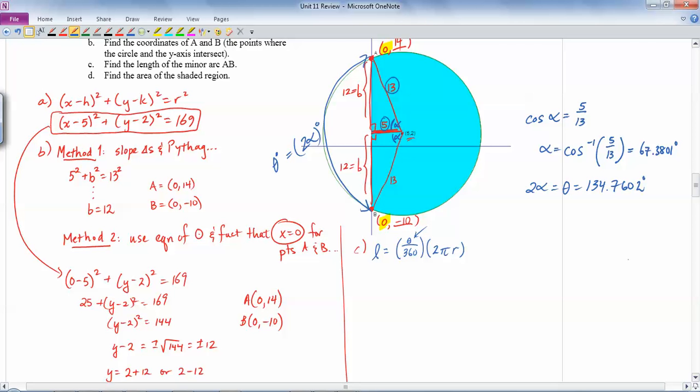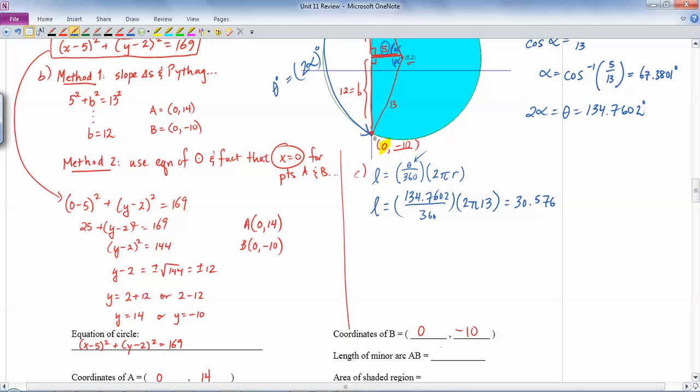So then when I figure out the arc length of AB, I'm going to plug that in: 134.7602 over 360, and then times 2 pi, the radius is 13. And if I work all that out, I end up with about 30.576. So there's my arc length, 30.576. Now if it said what's the measurement of the arc, that would be the 134 degrees.